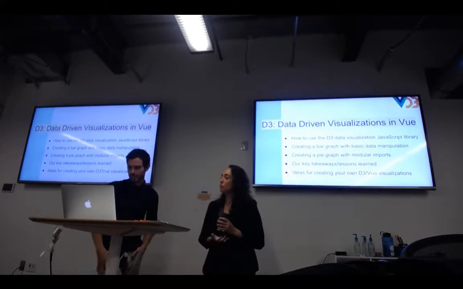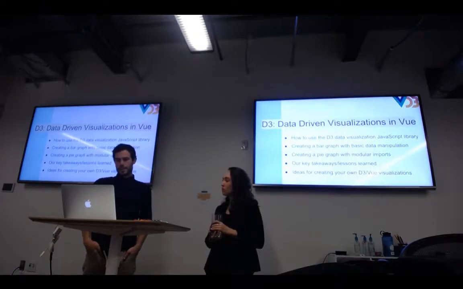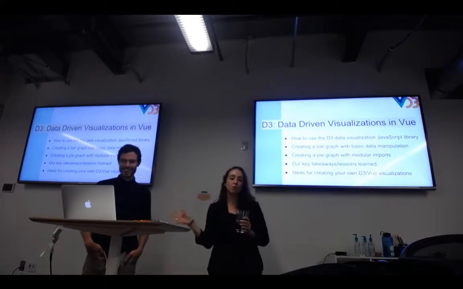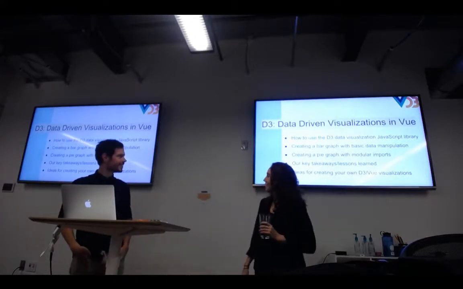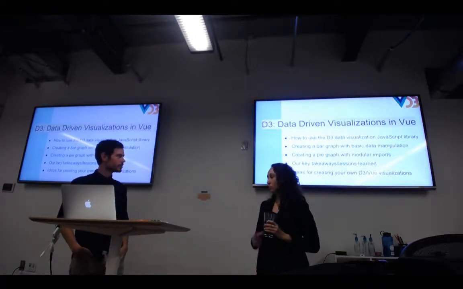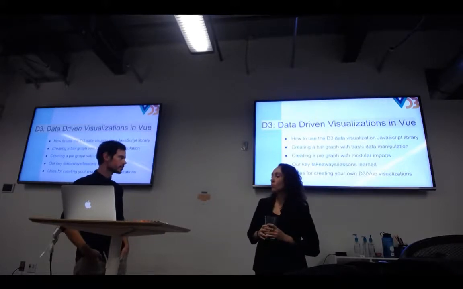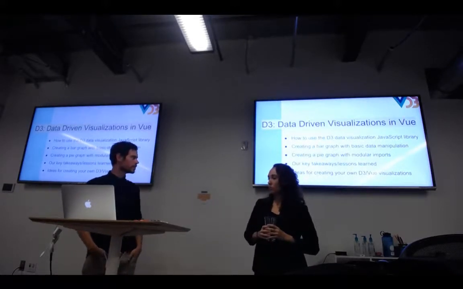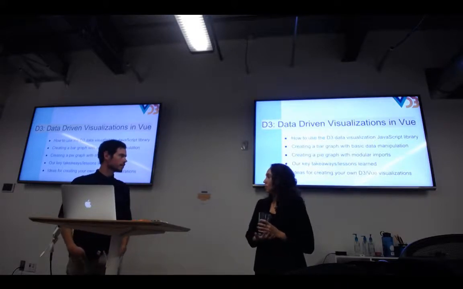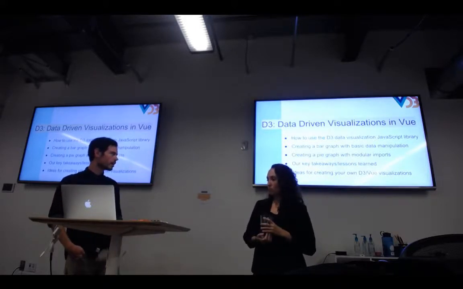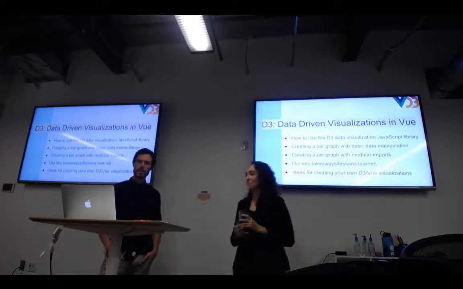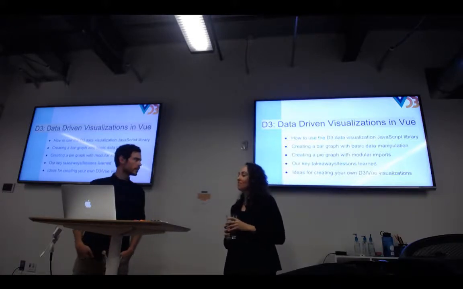Okay, so this is an outline of what we're going to do. This is just sort of the overview of the evening. We're going to walk through how to use the D3 library, which is just a JavaScript library. We're going to walk you through a couple of examples that we put together, including a bar graph and a pie graph, and do both of those in a traditional format and a Vue format.